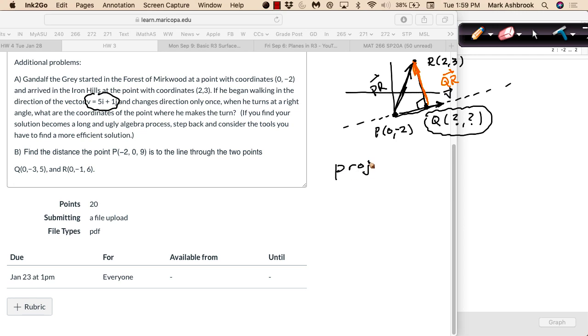So the projection of PR onto V. Is that the orange vector QR? Does it help us get the orange vector QR?